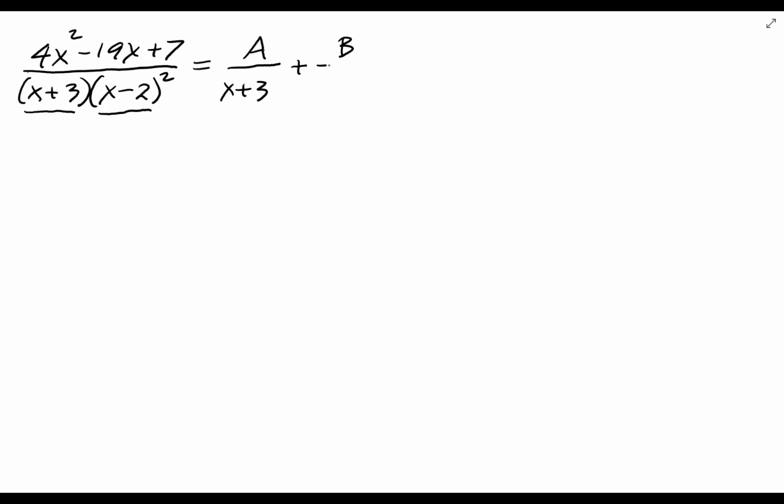So that's going to split apart as b over x minus 2 plus c over x minus 2 squared. And why am I stopping with the square? It's because this exponent here, that 2 in the exponent, matches that original exponent of 2.